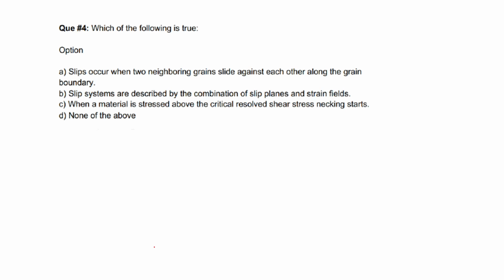The first option, slip occurs when two neighboring grains slide against each other along the grain boundaries. That is wrong. Anyhow, slip systems are described by what else? It depends on slip planes and slip direction. So here it should be none of the above. And when a material is stressed above a critical resolved shear stress, slip starts. That is also wrong. So the answer is none of the above.